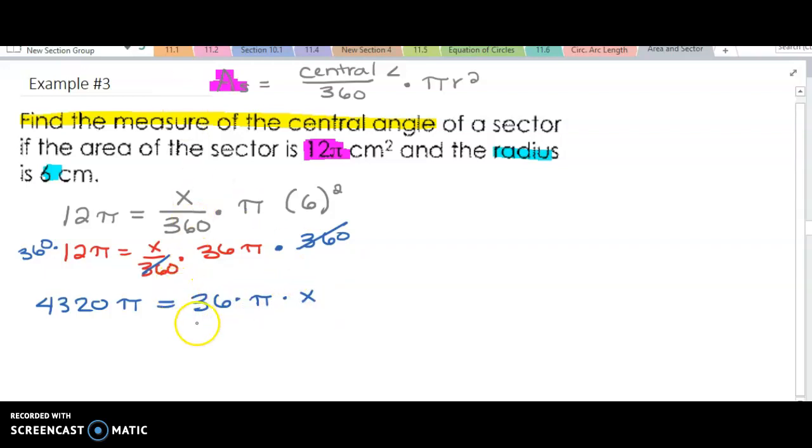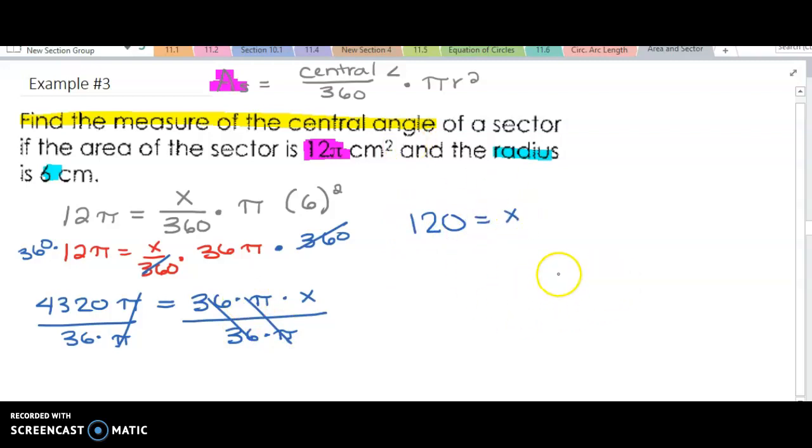Now if I divide by 36 pi on both sides, guys, pi over pi cancels out. 4320 divided by 36 is just 120. So I get 120 equals x.